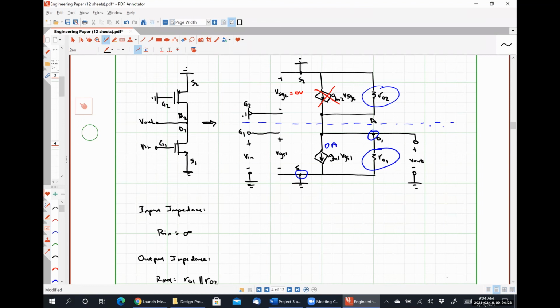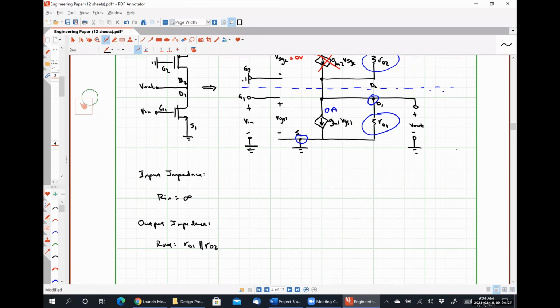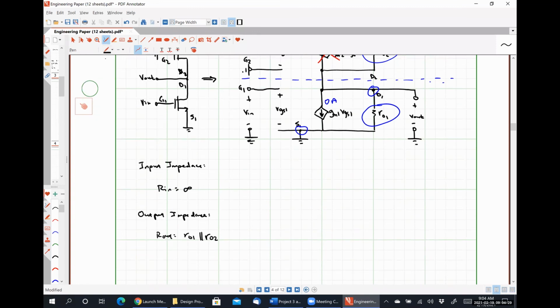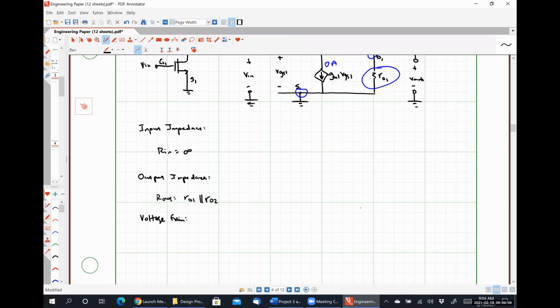So our output impedance has gone up, which should mean that our gain has also gone up. Our voltage gain for this system is simply going to be AV is equal to negative gm1 times RO1 in parallel with RO2.